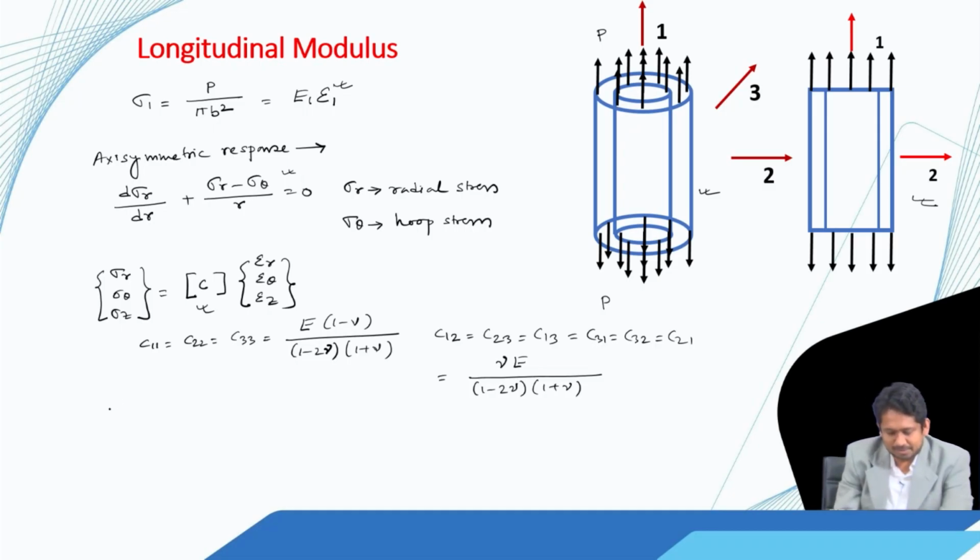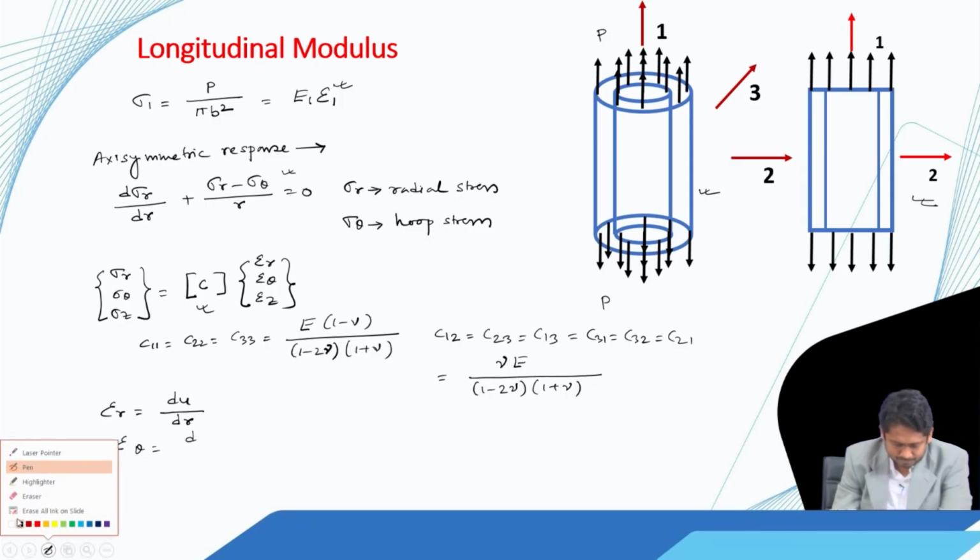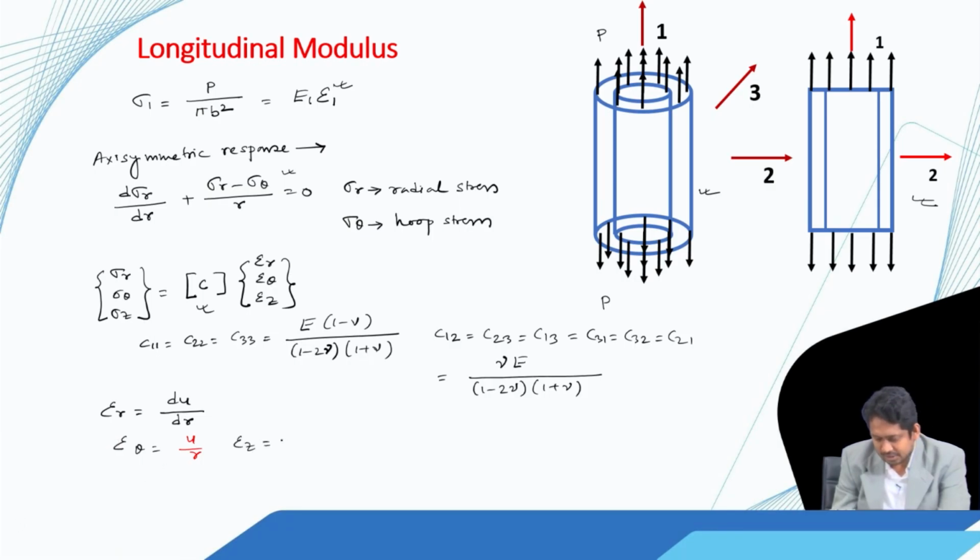Then we apply something called the strain displacement relationship. That means we relate the strains with the displacements, and that relationship is epsilon r is equal to du by dr, epsilon theta is equal to u by r, and epsilon z, which is also epsilon 1, is equal to dw by dz.